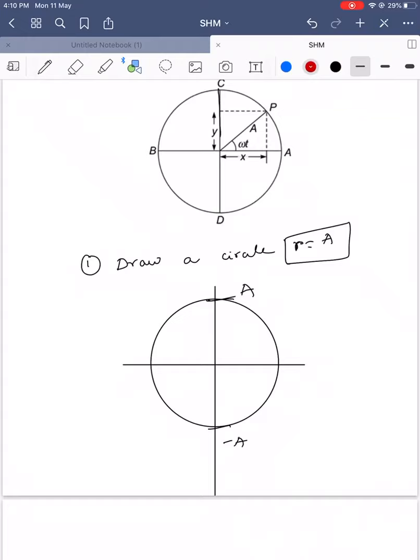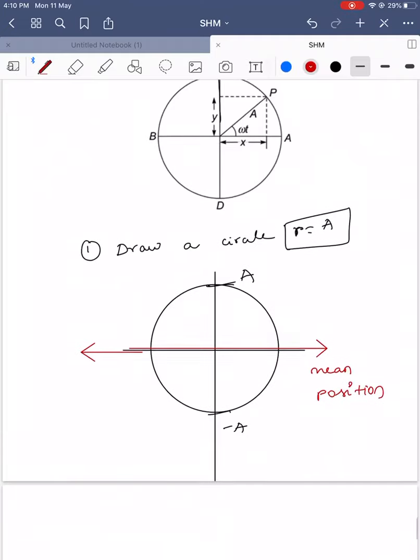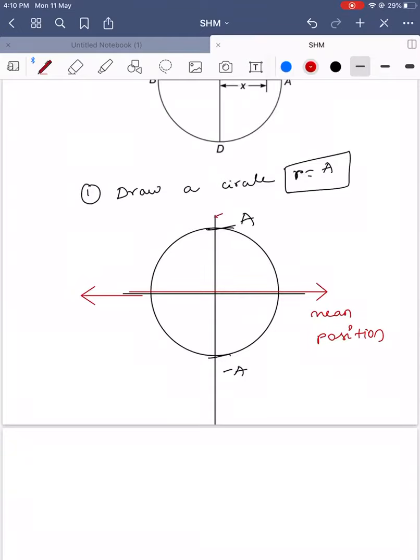The horizontal line, the x-axis, represents the mean position, and the y-axis represents the amplitude. On this side it is plus a and on the other side it is minus a.